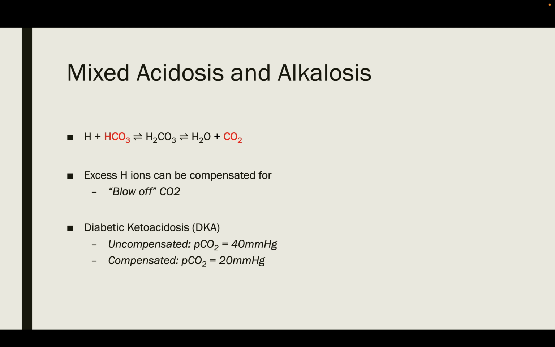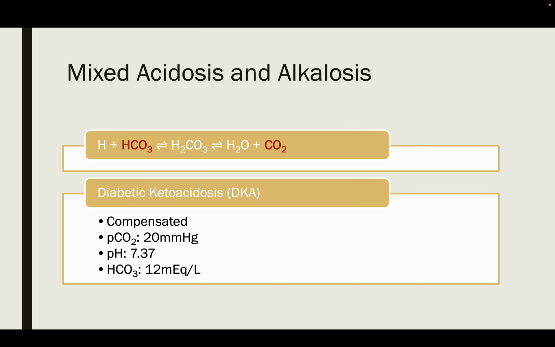That is pulling up my pH level. Because I'm in an acidotic state, my pH is low, I can blow off CO2 to pull that pH up. So we'll see these DKA patients who are in a metabolic acidosis compensating. Their body is compensating by blowing off carbon dioxide to try to pull that pH back up into our normal range. So here we've got a little bit of acidosis and alkalosis going on.